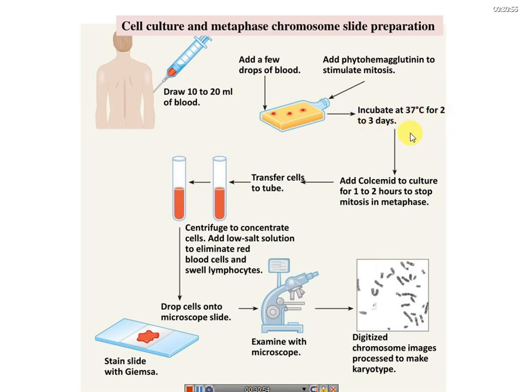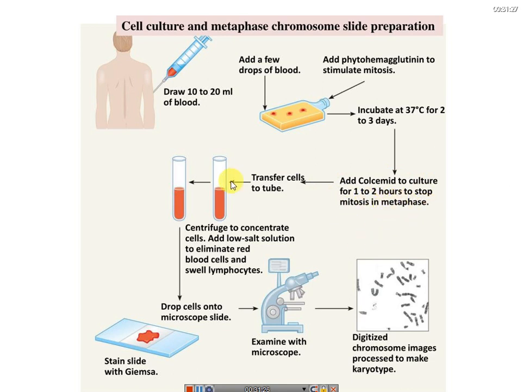While cultivating, we add phytohemagglutinin to stimulate mitosis. Once the cells are propagating actively, undergoing active mitosis, we can stop the cell division at metaphase by adding cell cycle inhibitors like colcemid. We add colcemid to the culture for 1 to 2 hours to stop the mitosis in metaphase.